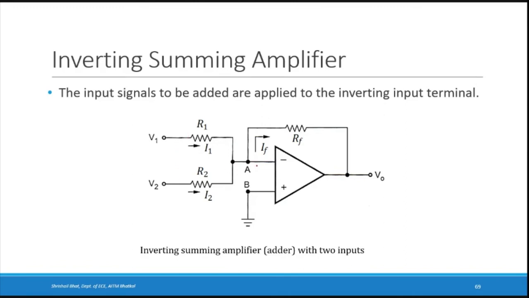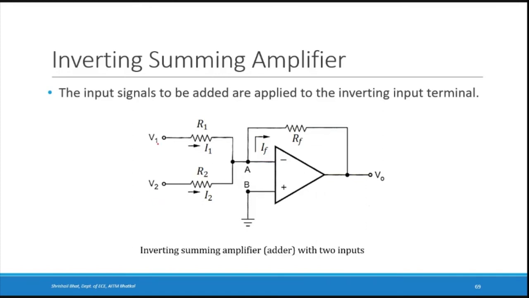In the inverting amplifier you had just one input Vin, with RF and V0, and there was resistance R1. Now there are two resistances, R1 and R2, connected between V1 and the input terminal and between V2 and the input terminal.